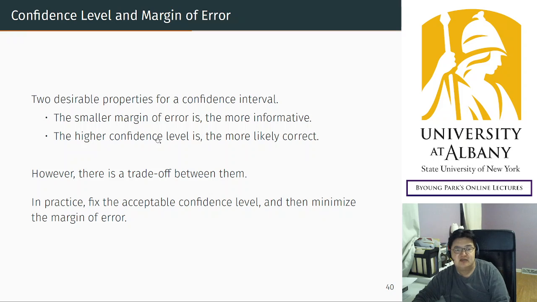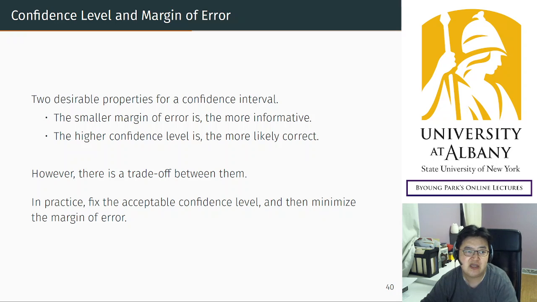This is fixed. You are not going to change the confidence level, but given this confidence level, what you want to do here is find the smallest margin of error that achieves the confidence level of 99%. That's what you are going to do to obtain an actual interval estimator, a confidence interval.